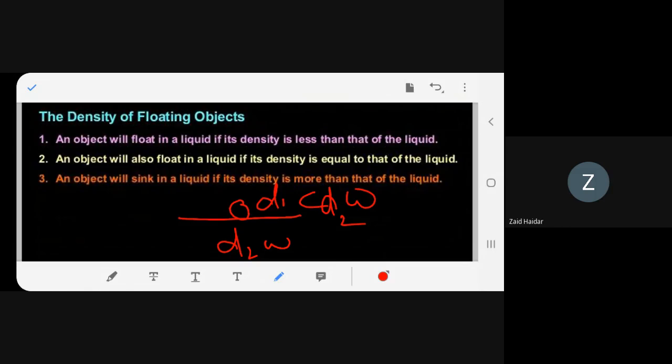So if the density of the object is less than the density of water, the object will float.